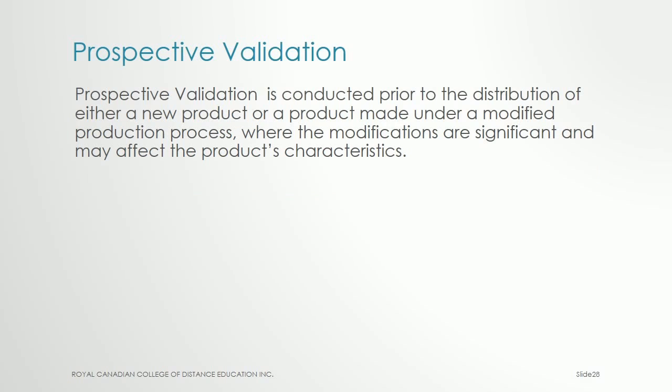Prospective validation is conducted prior to the distribution of either a new product or a product made under a modified production process, where the modifications are significant and may affect the product's characteristics.